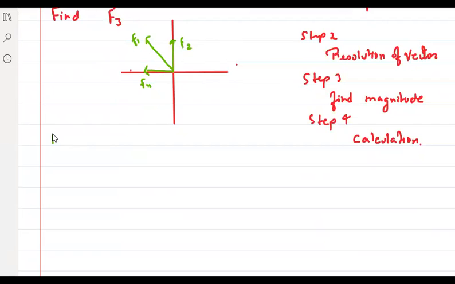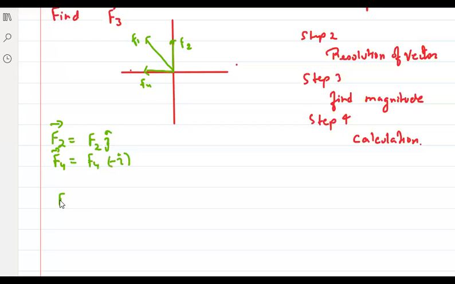So we already know the F2 vector is magnitude of F2 into J cap. The F4 vector is magnitude of F4 into minus I cap.